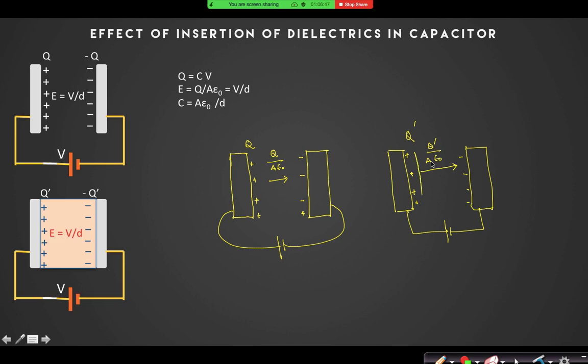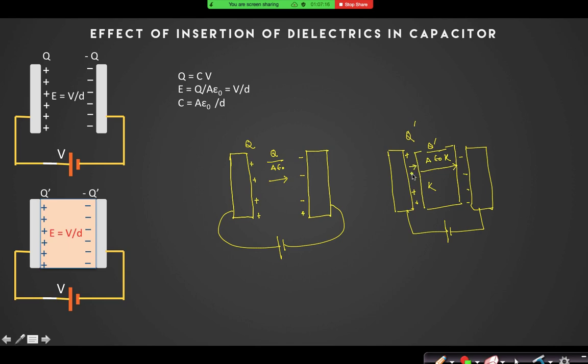Now if I insert a dielectric of constant K, which polarizes in the opposite direction, do you remember this property of dielectric we have studied already? If the external electric field is Q prime by A epsilon naught, then what will be the net electric field inside the slab?